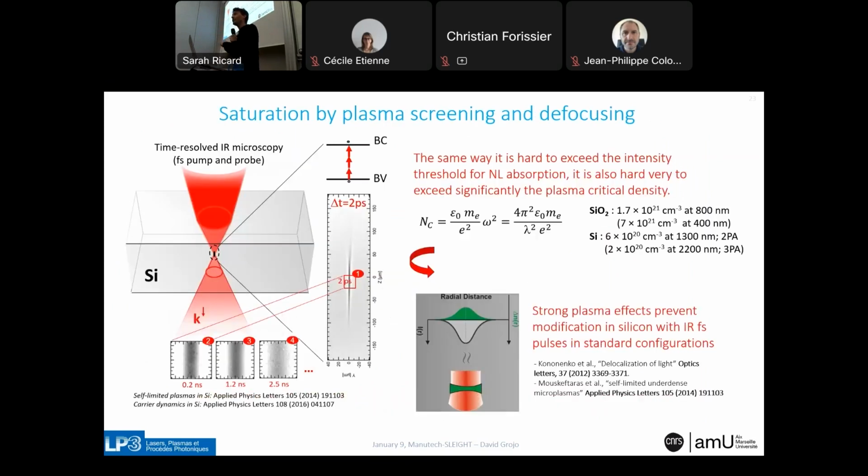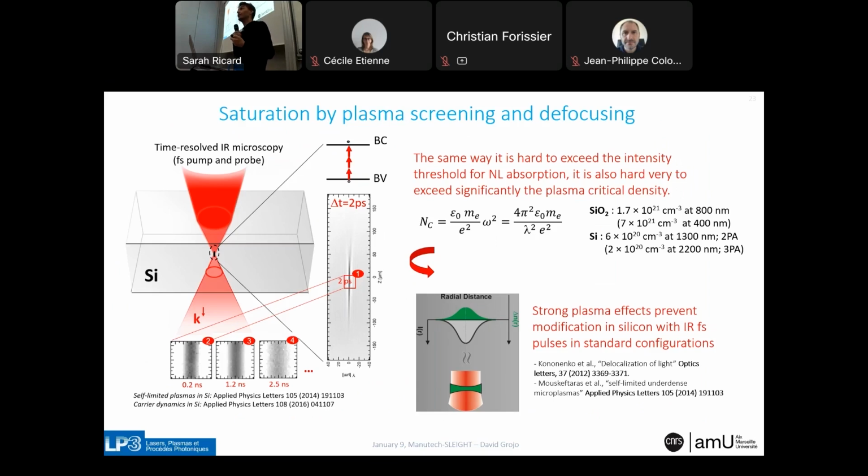Now, in this case, I do not consider the losses by nonlinear absorption, but only the effect of the plasma. I will explain a little bit later how we measure this, but what I show on this image is a snapshot of the free carriers that we create at the focus with the light. The point I would like to emphasize here is that as soon as the free carrier density approaches what we call the critical plasma density, the plasma will strongly refract the light.